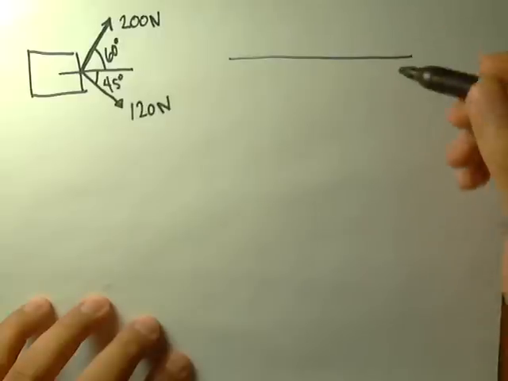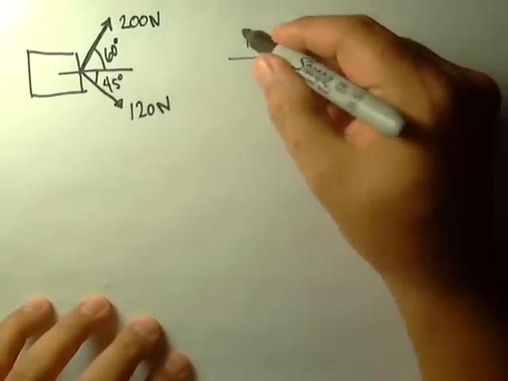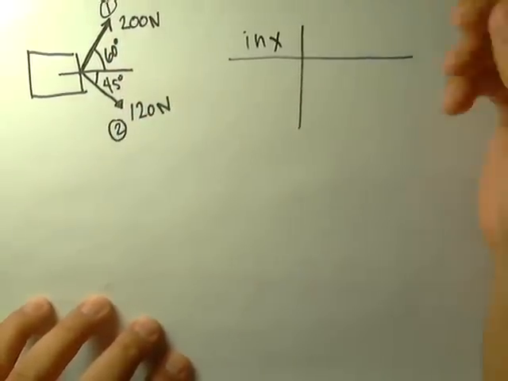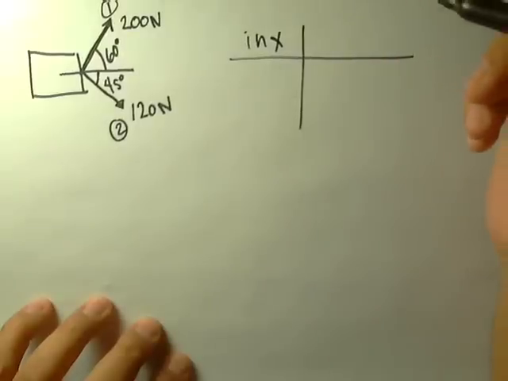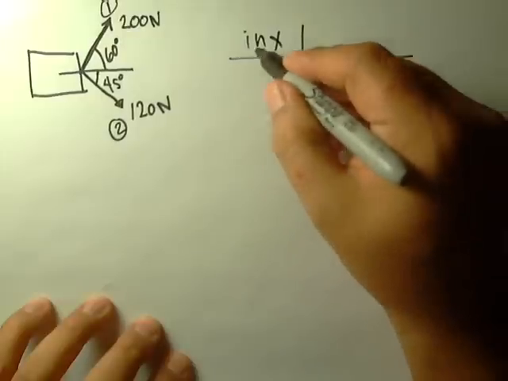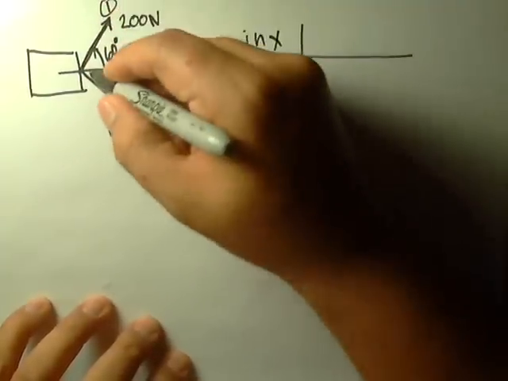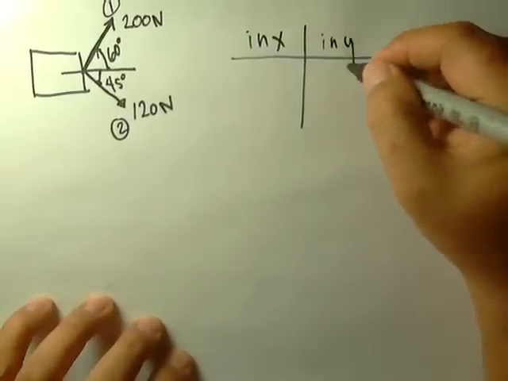We'll build a chart, for example in X, meaning that we will get this number 1, number 2, and we will be having all the additions in X. So how will we do it? It's very simple. We know that if we take the angle from the x-axis and up, or the x-axis and down, we will end up with the cosine for x and the sine for y.